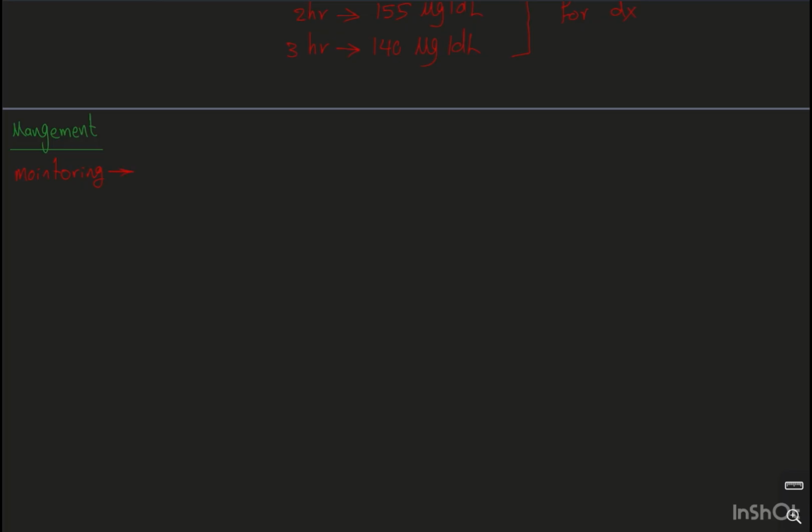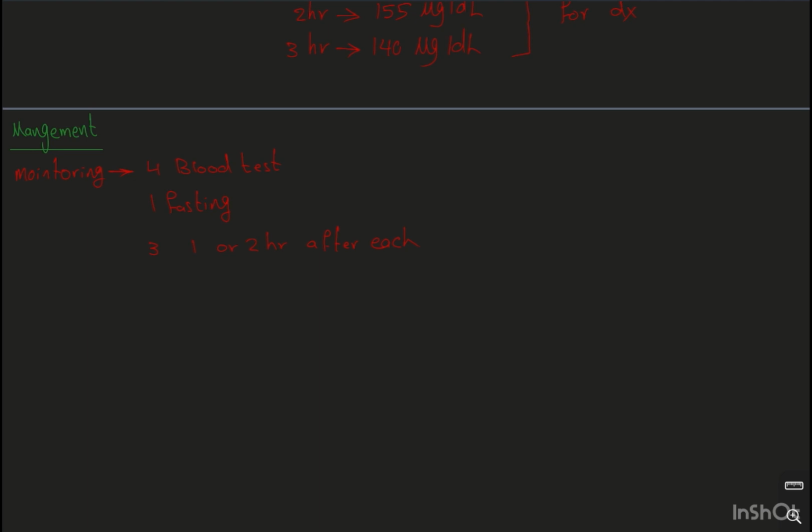So each day she will have 4 blood tests at home. One should be fasting, early morning before breakfast, and the other 3 will be 1 or 2 hours after each meal. This will let her monitor her blood glucose level, and by that modify her diet according to the results she gets.